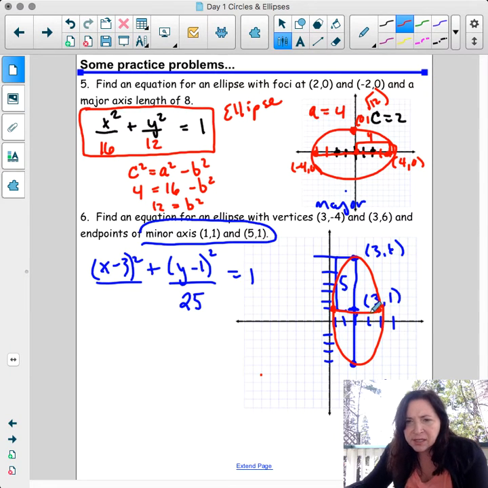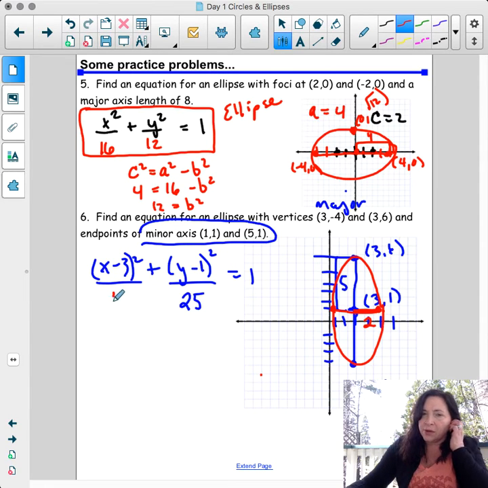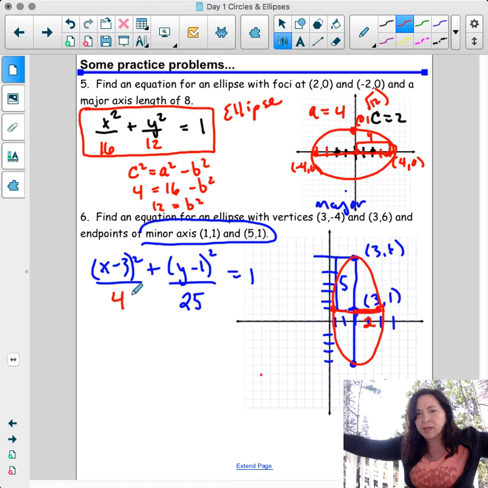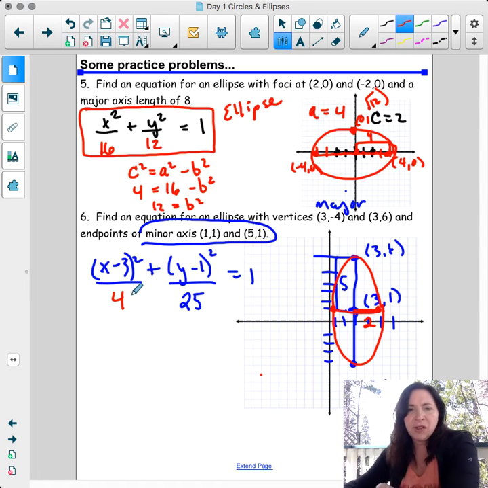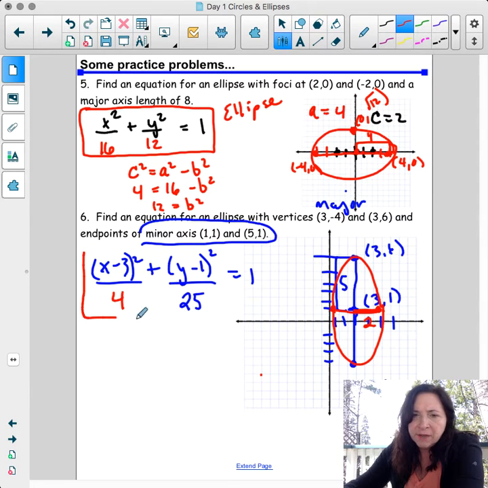So my minor axis, if this is 3, 1, and this is 5, 1, that means b, this value here, is 2. So that means that underneath the x term, because I'm going in the x direction, that value goes underneath. That's going to be 2 squared, which is 4. So this is the equation of my ellipse in standard form.